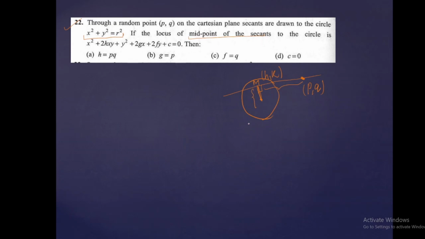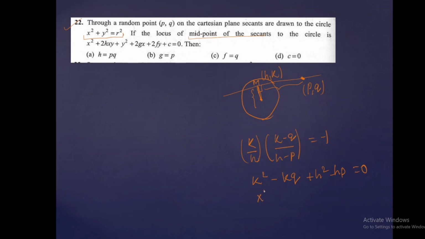will be minus 1. So it will be k upon h into k minus q upon h minus p equal to minus 1. So it says that k square minus kq plus h square minus hp equal to 0.